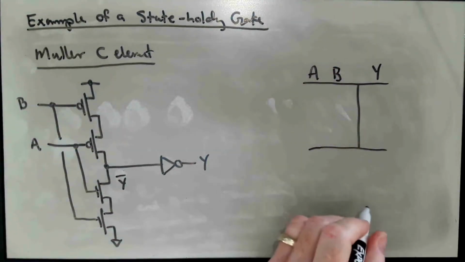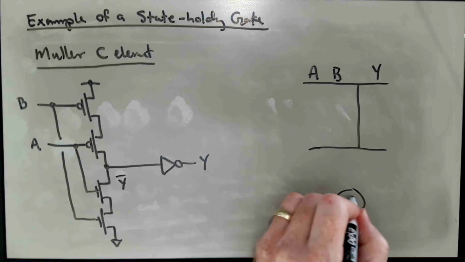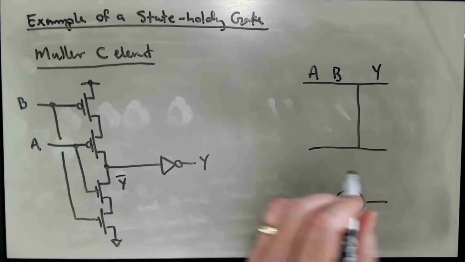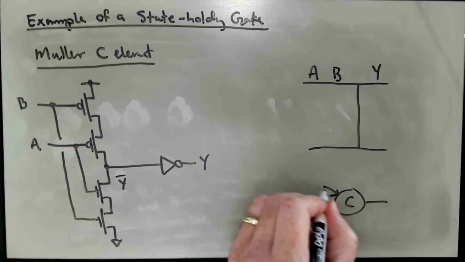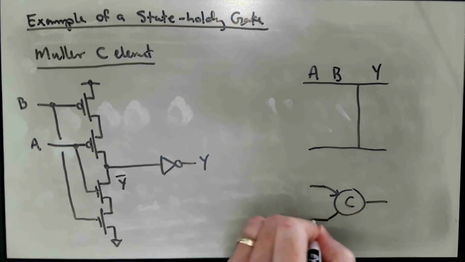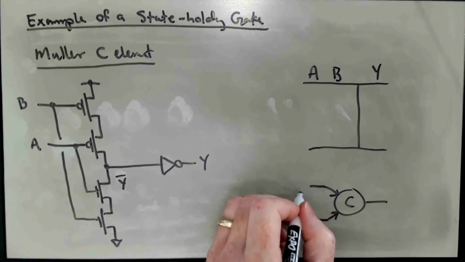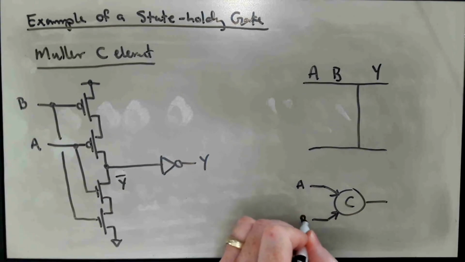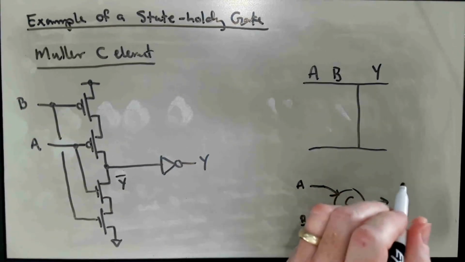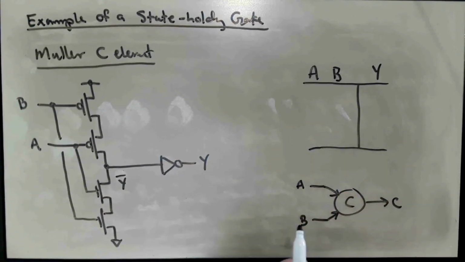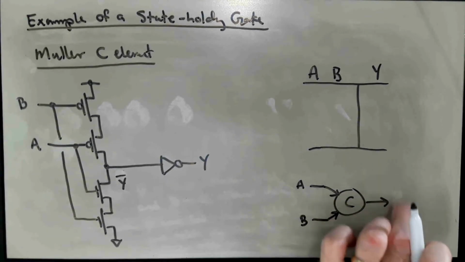I guess I should say this thing has a symbol that's kind of funny. It has a circle with a C. It's not quite as common as some of the other ones, but you typically will see something like this: A, B, and Y.